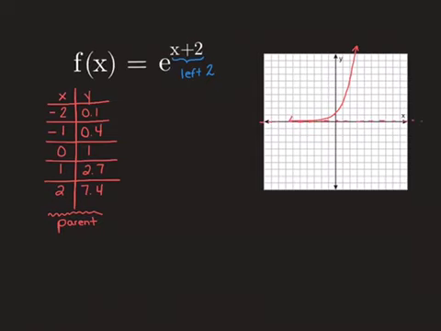So now all we're going to do is take those points and move everything to the left 2. So we'll be here, here, here, here, and here. So just move everything to the left 2. And we've just shifted our graph left.